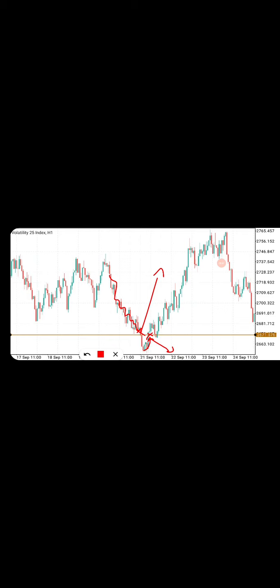But see what the market did. It broke the support that is now a resistance, so they lose their money here. You can see that those who bought lose their money.